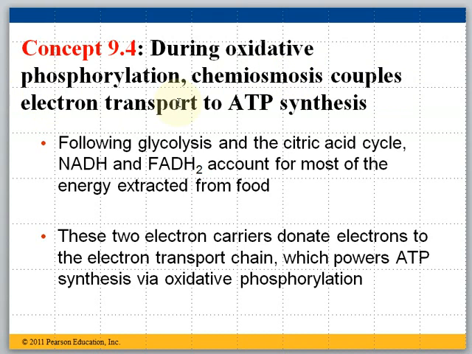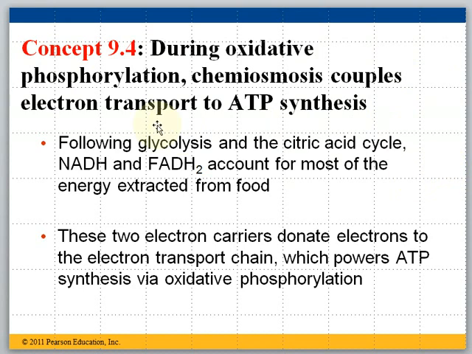Couples electron transport. We know that this entire process is simply moving electrons around, moving them from a higher energy state to a lower energy state to ATP synthesis. We know ATP is the energy carrying molecule for the cells. We know the word synthesis means to create. So this last sentence describes this last step where most of the ATP are created.